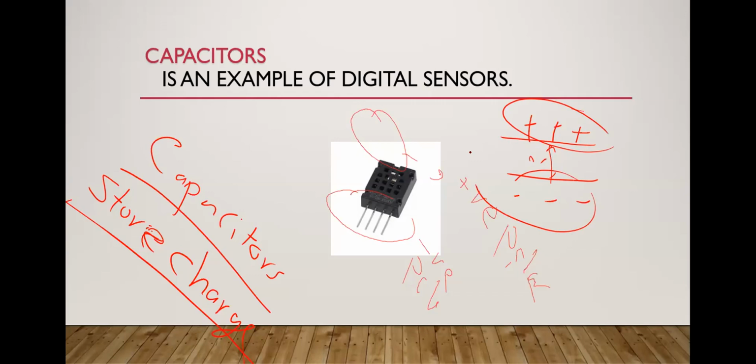I'm not trying to create charges by rubbing something or doing something like that, but the two sides are charged, and there is some kind of polarization happening between them.